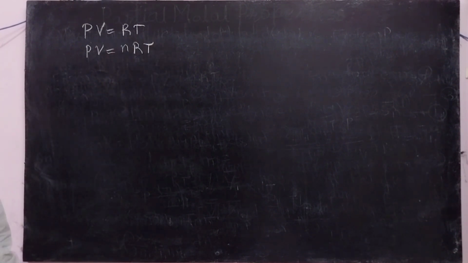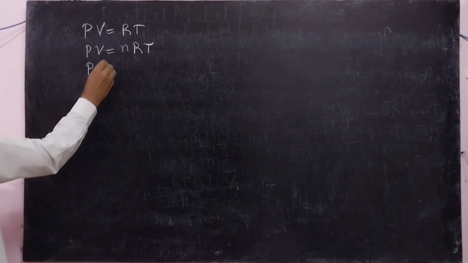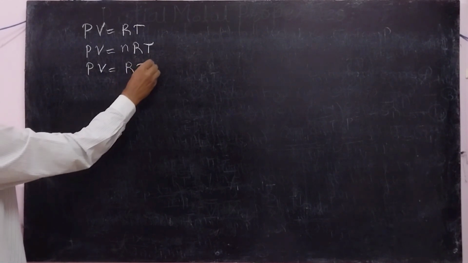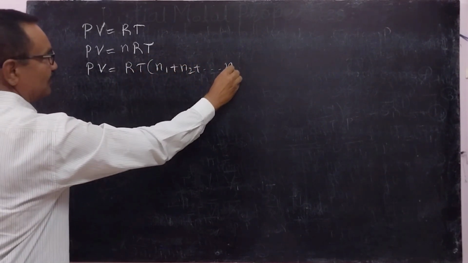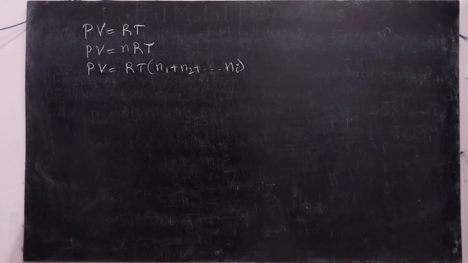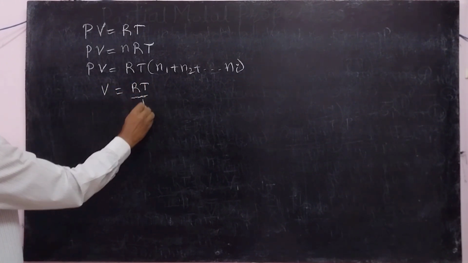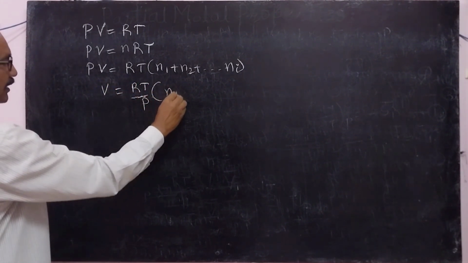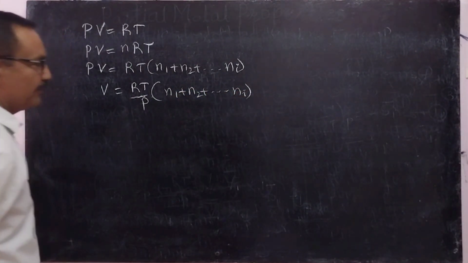If it contains more than one component, then the equation becomes PV equal to RT into (n1 plus n2 plus n3 up to ni).